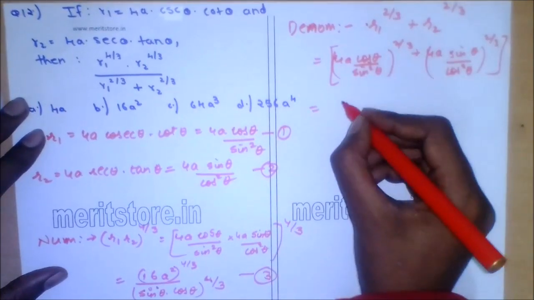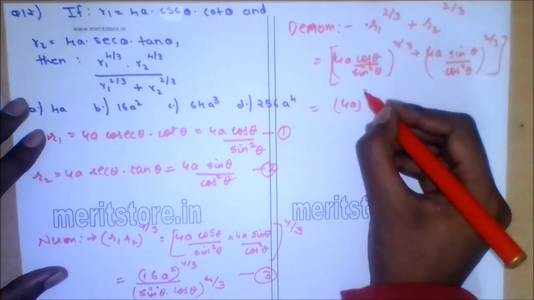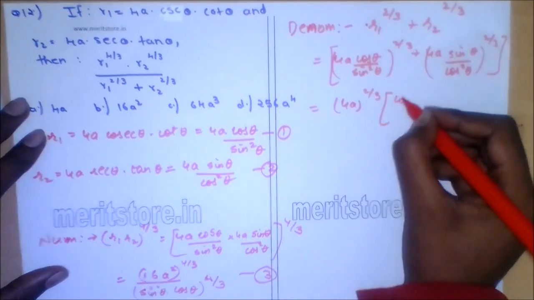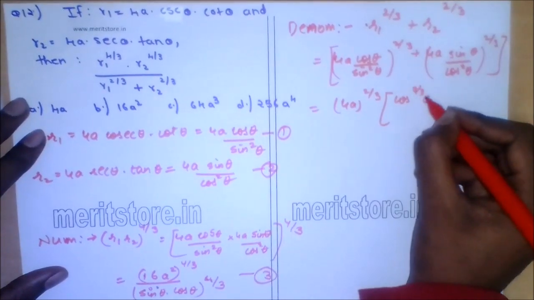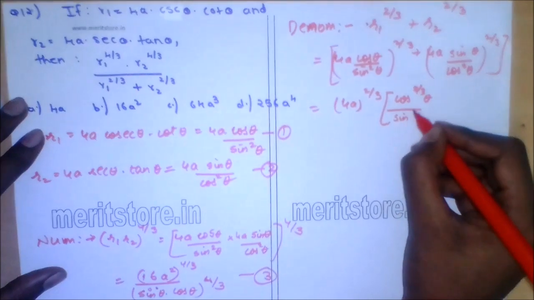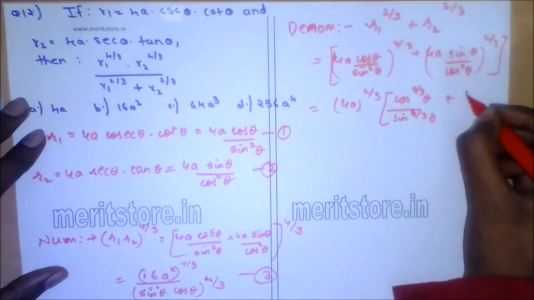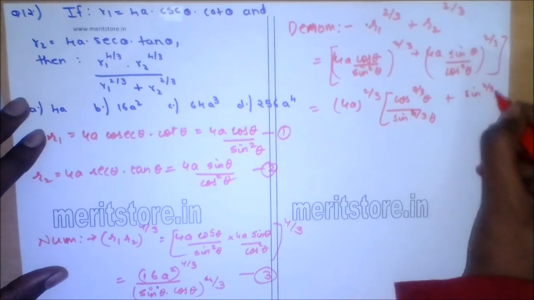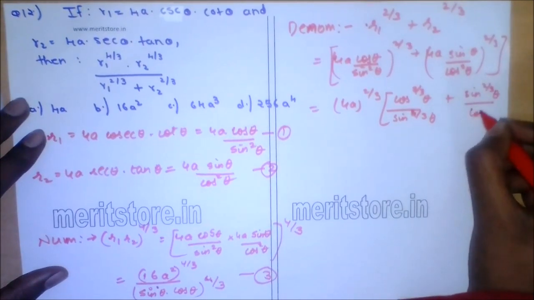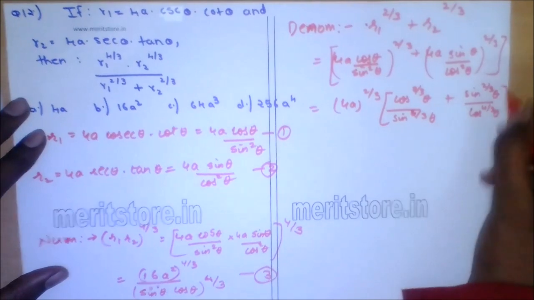We take 4a common, so (4a) raised to 2 by 3 into cos raised to 2 by 3 theta upon sin raised to 4 by 3 theta plus sin raised to 2 by 3 theta upon cos raised to 4 by 3 theta.